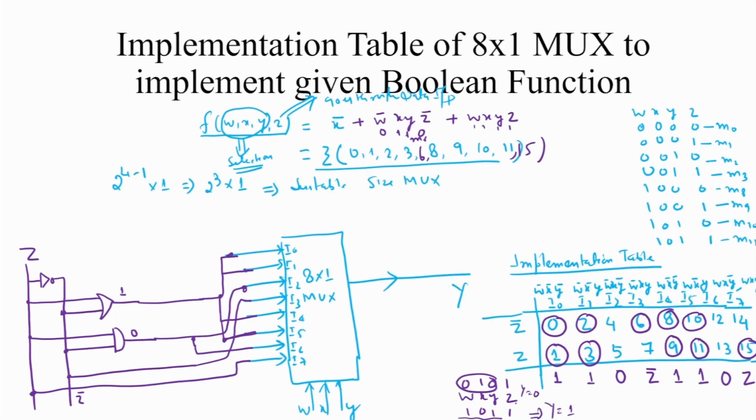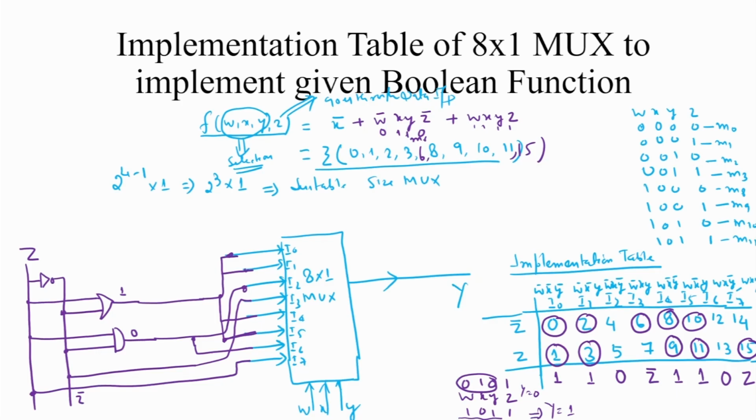In this way we make an implementation table and represent a function through a 2 to the power n minus 1 cross 1 multiplexer if the Boolean function contains n variables. Generally we also use a 2 to the power n cross 1 multiplexer, where for the minterms present in a function, the corresponding input is supplied 1 and the rest are supplied 0.